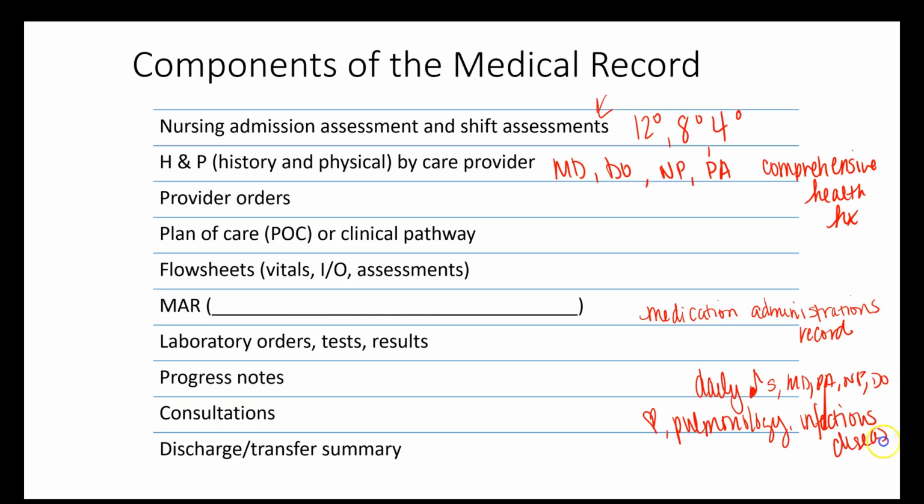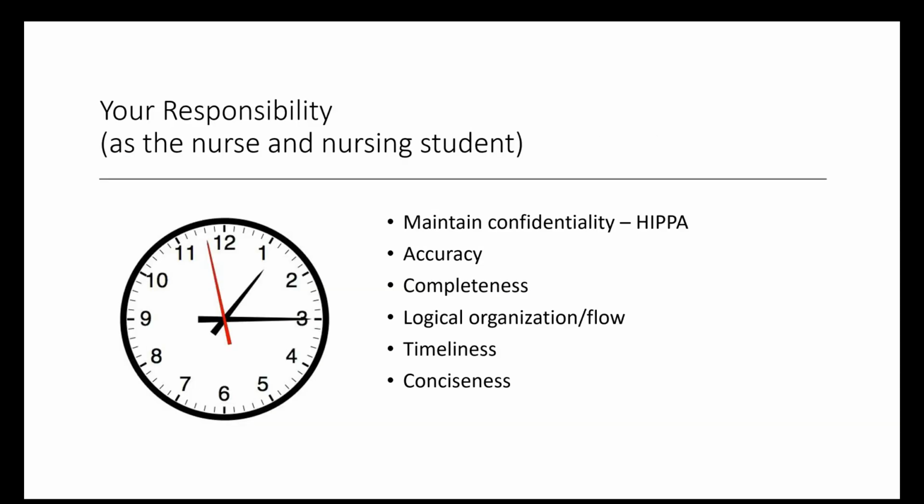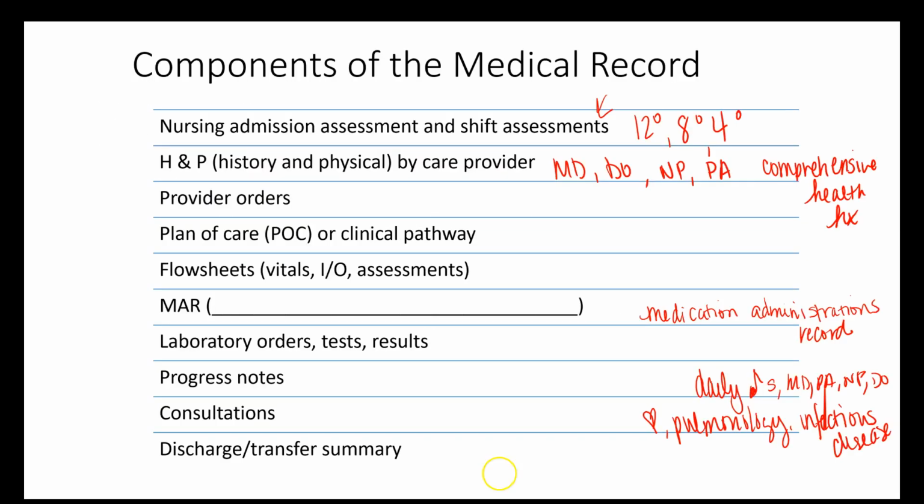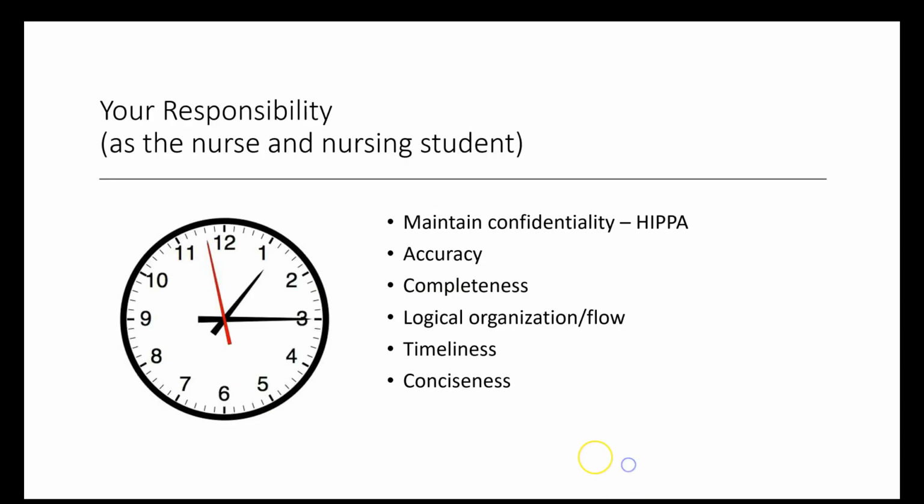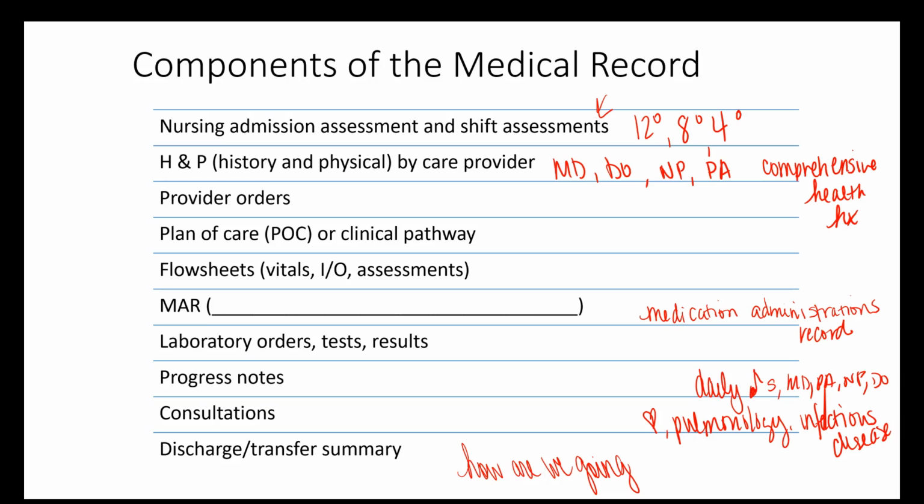And then the discharge and transfer summary basically helps us know how we're going to discharge the patient. And discharge starts at admission. How are we going to discharge them? Are they going home? Are they going to a nursing home?